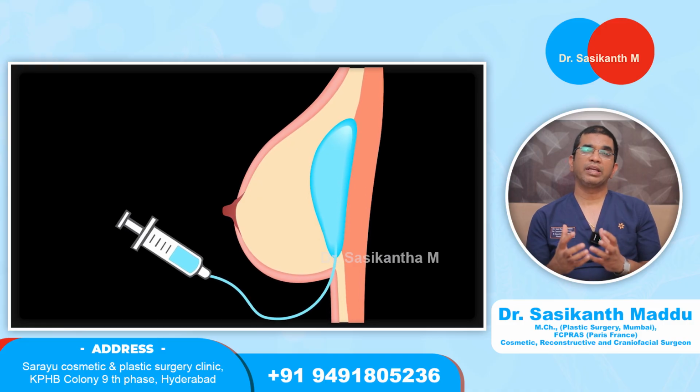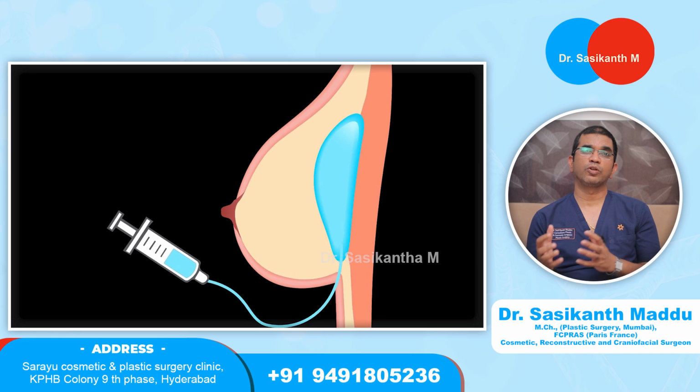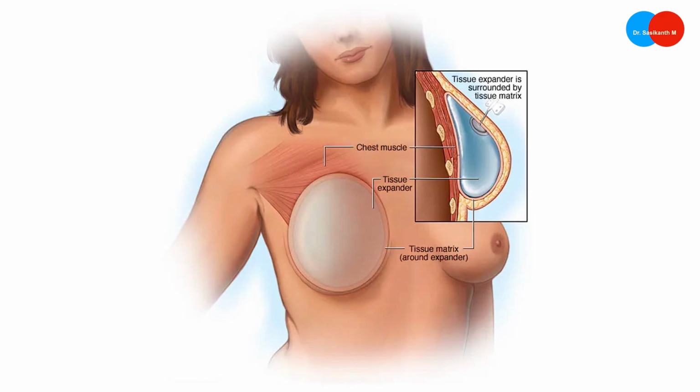We slowly increase the size of the balloon by regularly injecting normal saline through the injection port over the next 2 to 3 months till we reach the requisite size. Once we reach it, we replace the expander by a silicone implant of the particular size. This is implant based reconstruction.